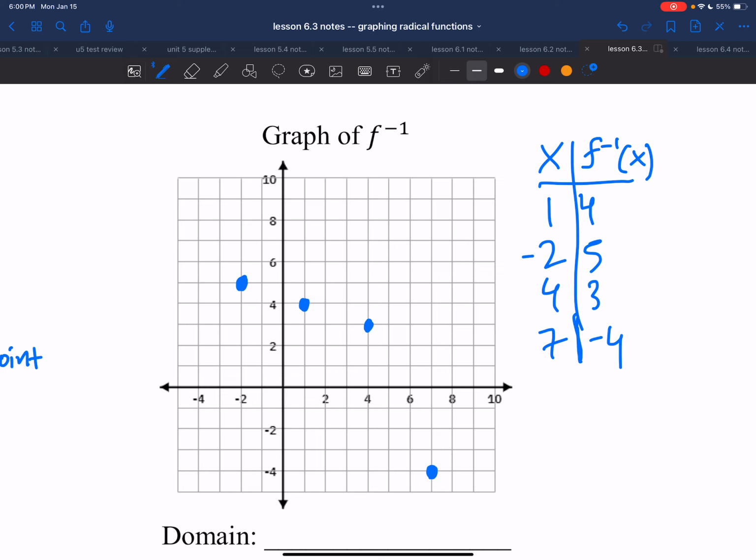About right there. And this is going to be a cube root function. So it's going to kind of come up from over here, right? And it's going to come on down. And it's going to curve through here, right? And then that concavity is going to change as it goes down this way. I don't like that. 4 comma 3, huh? And negative 2?